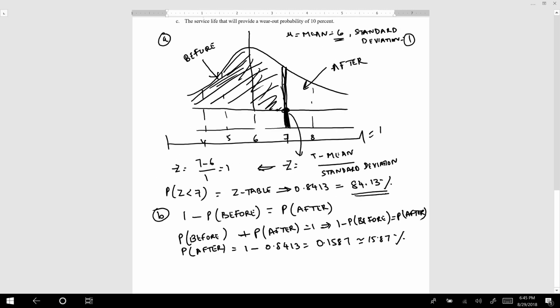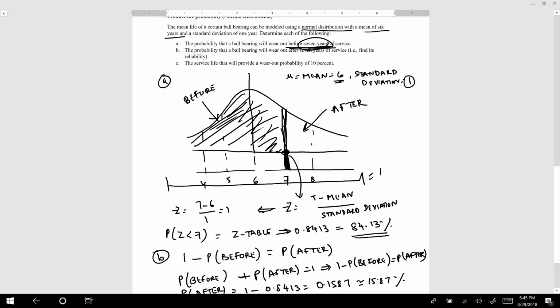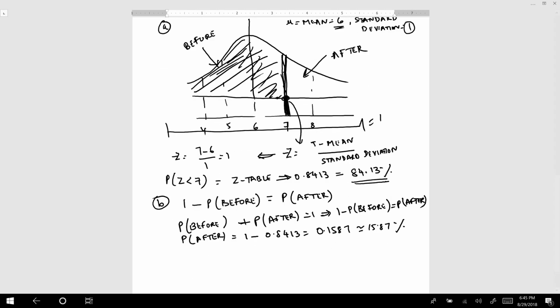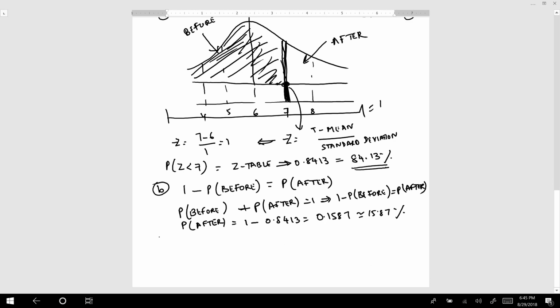Finally, we will solve for the service life that will provide a wear out of 10%. If I am taking again a normal distribution, the wear out of 10% is from the start of the time period, so this area is 10%.